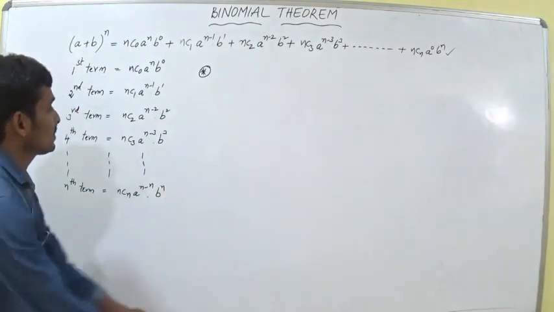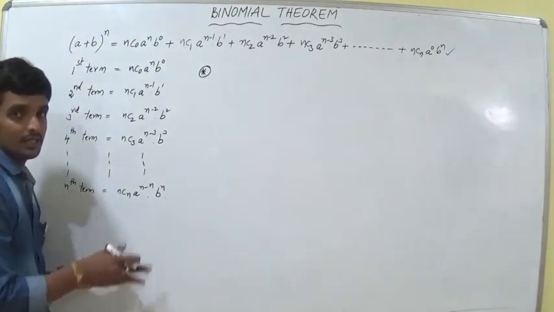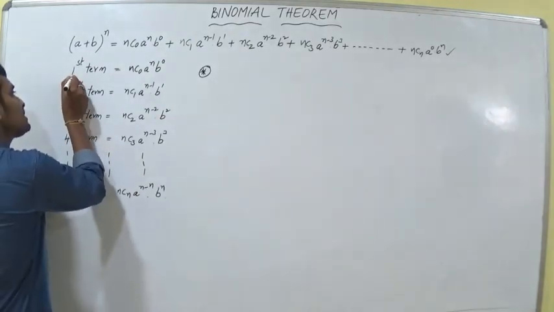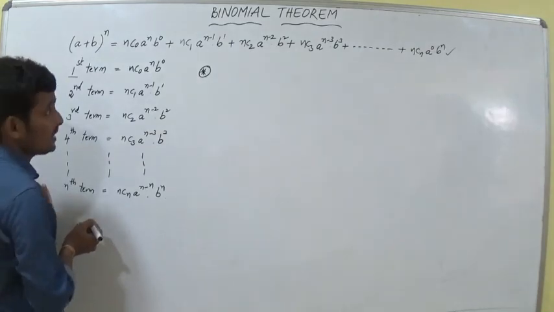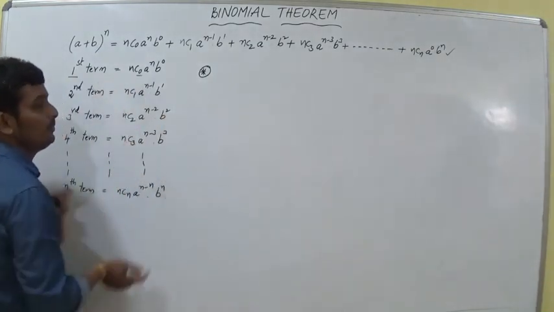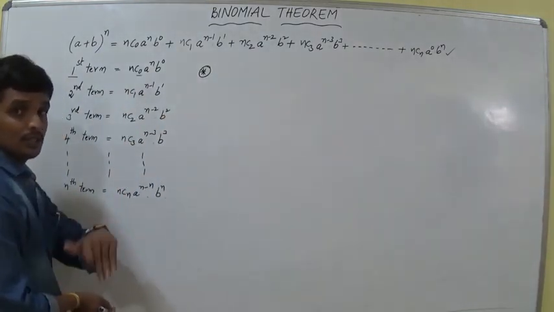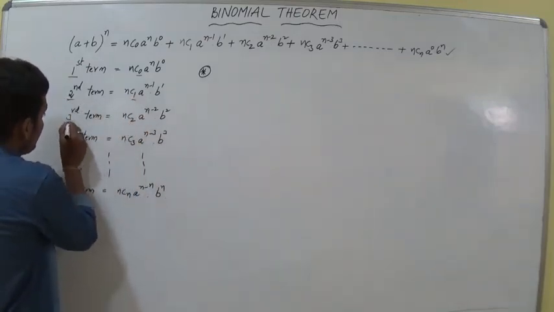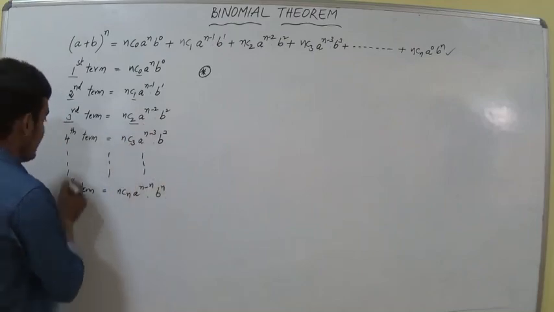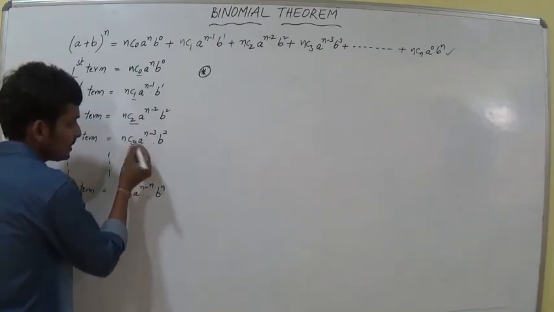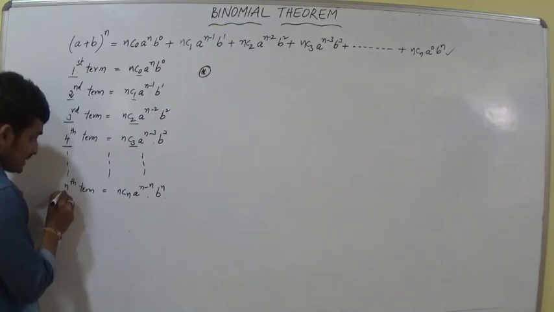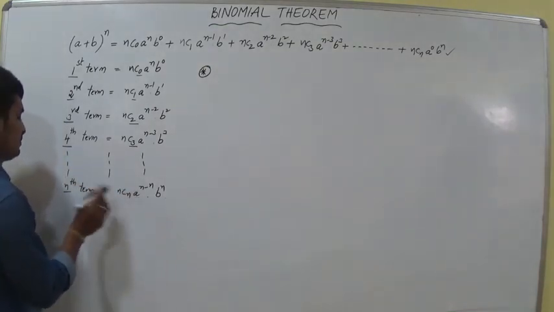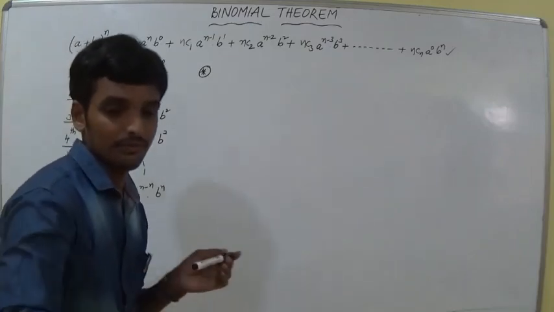Now observe the second important point. This is the first term, with the suffix of C as 0. First term 0, second term 1, third term 2, fourth term 3.